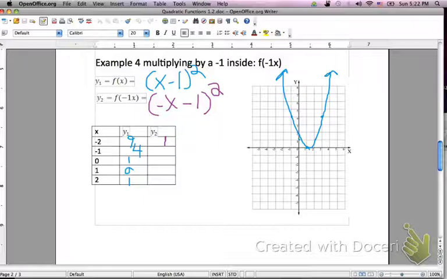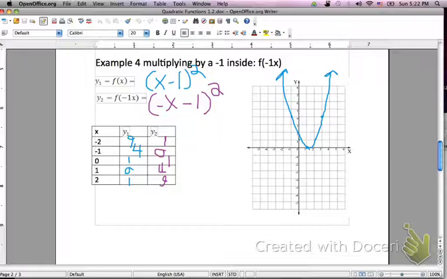Okay, so now looking at a negative 1 times a negative 1 is 1, minus 1 is 0, 0 squared is 0. 0 minus 1 is a negative 1, negative 1 squared is 1. Then you have a negative 2 squared would be 4, and a negative 2 minus 1 is a negative 3 squared would be 9. Okay, so let's graph and see what that one's going to look like.